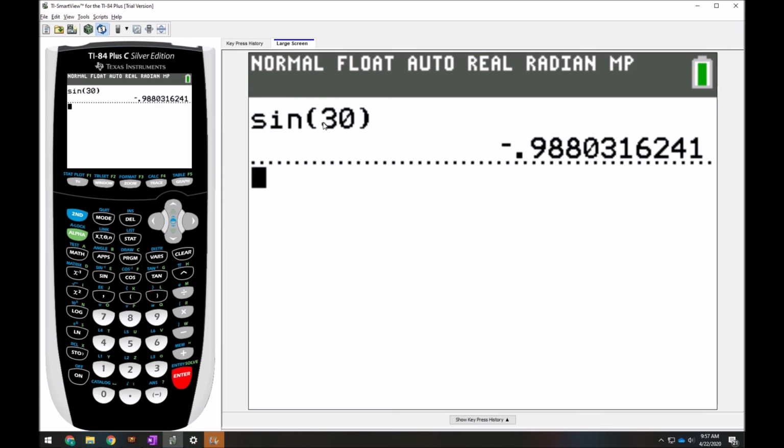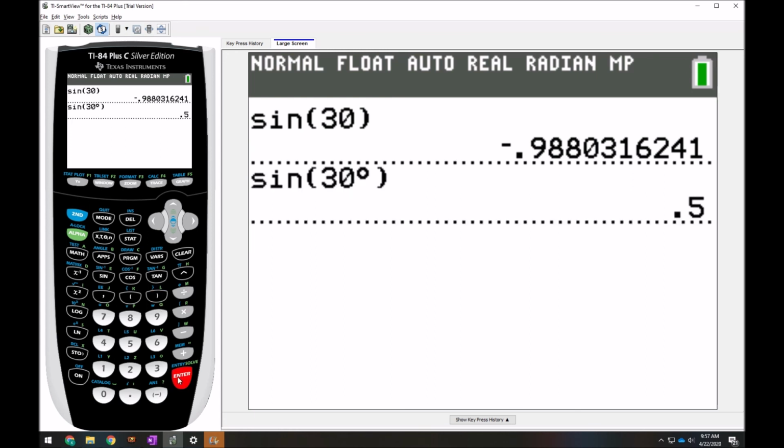Well, that's the sine of 30 radians, but if I do 30, then click on second and my apps button, and the angle, now I can do sine of 30 degrees. So being able to work with these two different types of angles simultaneously is really nice, and I can really only make that work easily from radian mode.